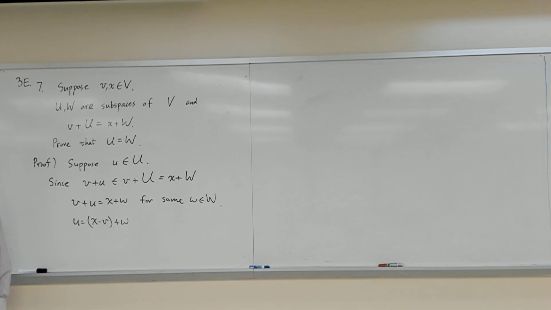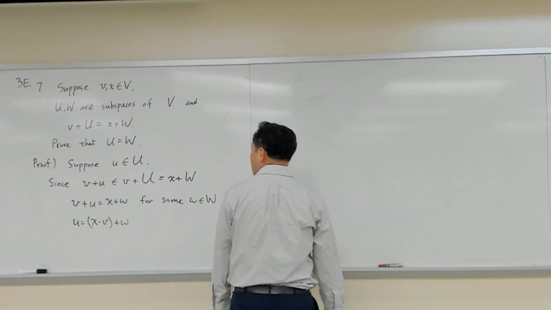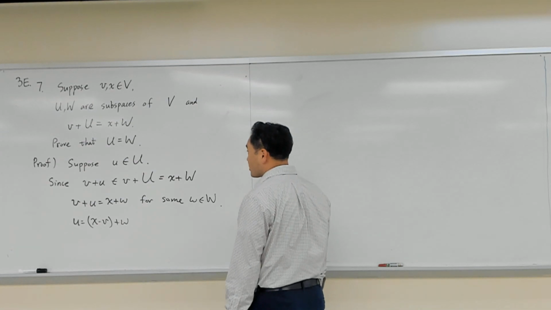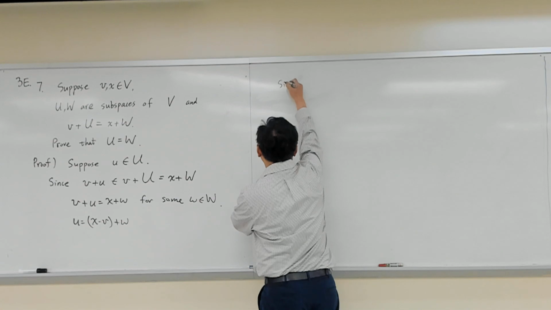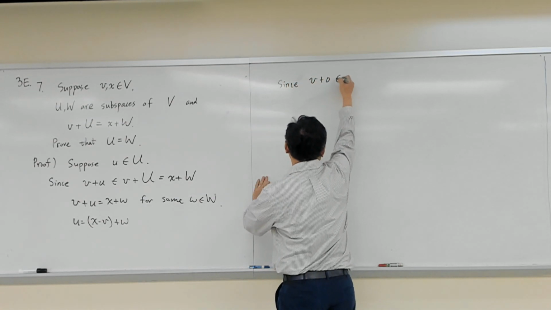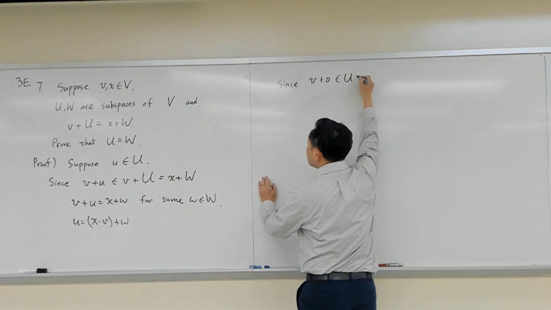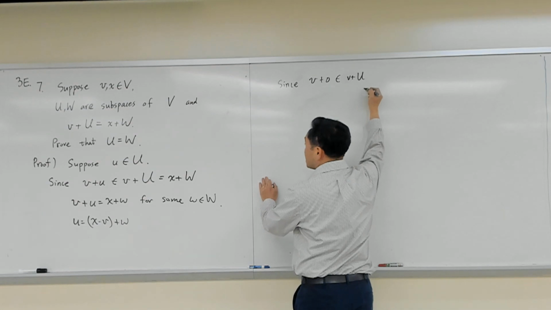So how do we show that x minus v is in W? Well, we can see that since v plus 0 is in U, v plus 0 is in v plus U, right?